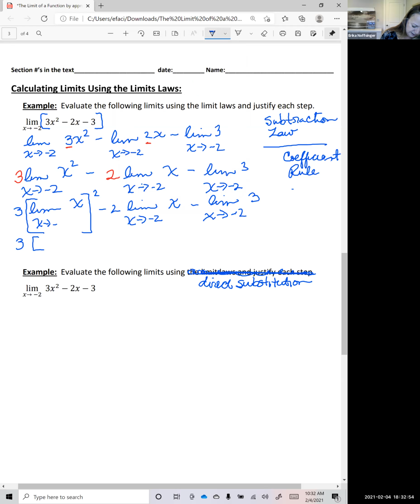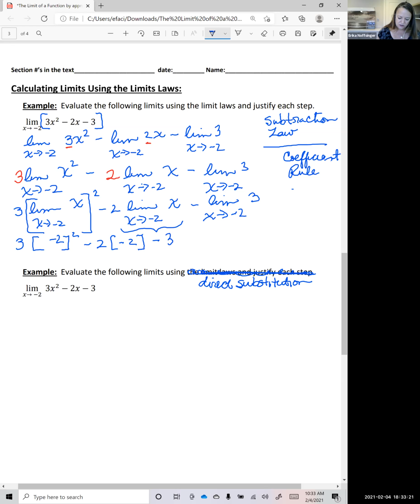And then we have this -2. So again, we have a limit as x approaches -2 of x. It's x, so we just plug in that value. That's the same thing as what we're approaching, -2, minus, and then remember the limit of a constant was just that constant. That was the horizontal line we were looking at.